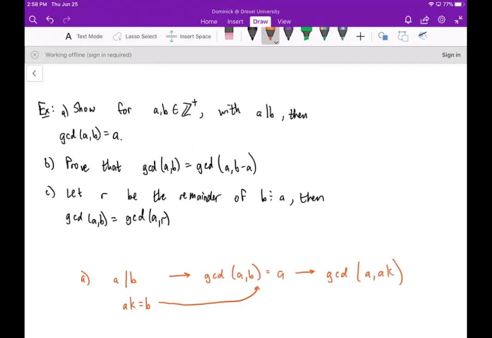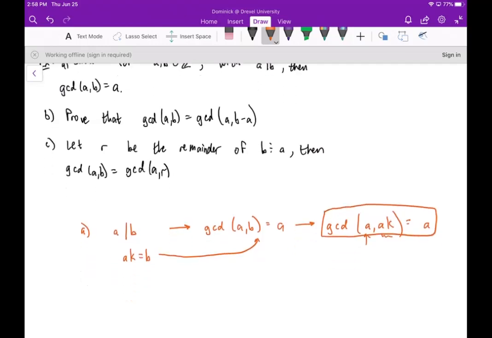Now the biggest number that I can take out of a is a, and I might be able to take something like a times 2 or a times 5 out of this ak term, but the thing that's limiting me is the a in the first coordinate here. So my GCD, of course, is going to be a. Okay, and that's the idea.